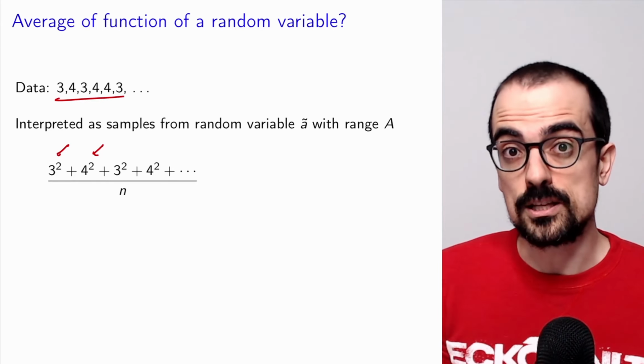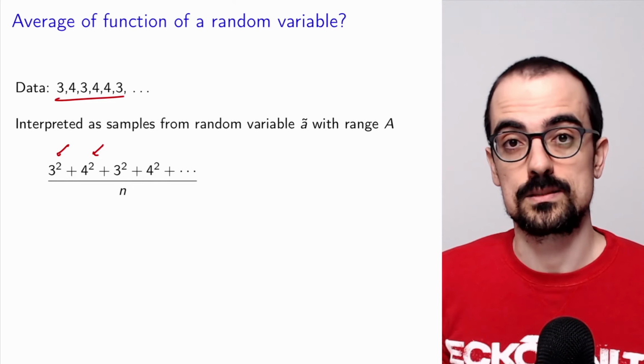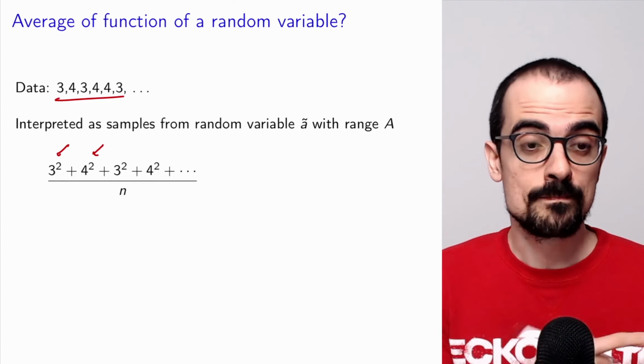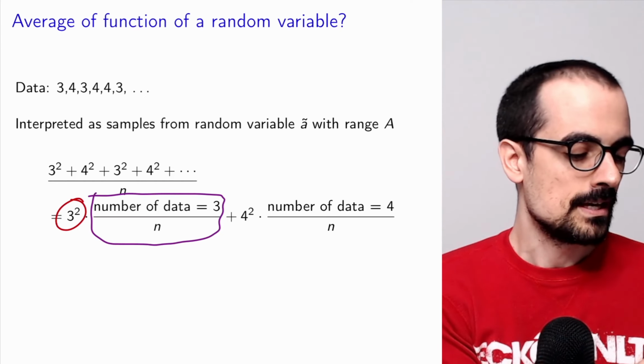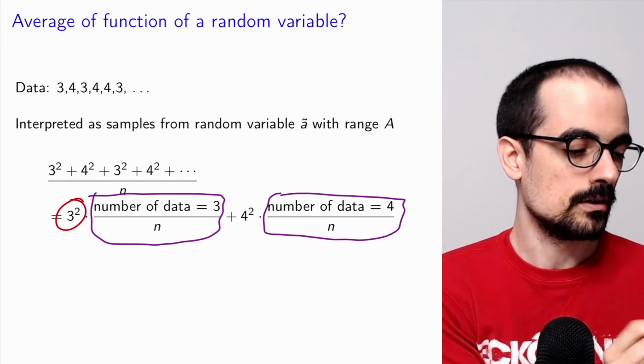Now, if we interpret this data as samples from a random variable that can have 3 or 4 as its possible values, this sum is essentially just 3 squared times the number of times that we see a 3 divided by the total number of data, which again is approximately the probability of seeing a 3 in the limit where we have many data. And the same for 4. This is the probability of seeing a 4, and we multiply by 4 squared.